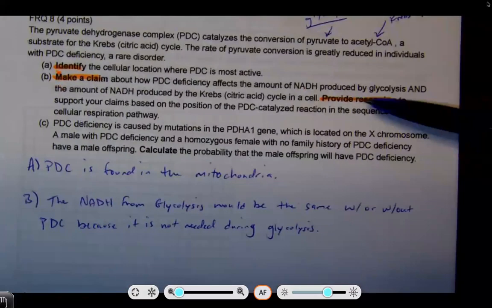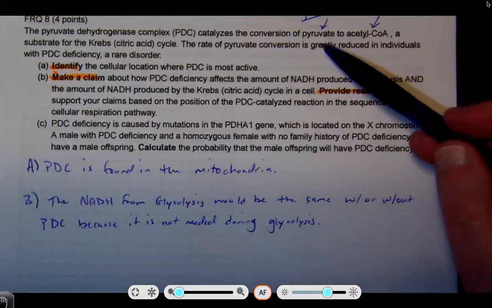Glycolysis has already happened. Okay, PDC turns pyruvate into acetyl-CoA.